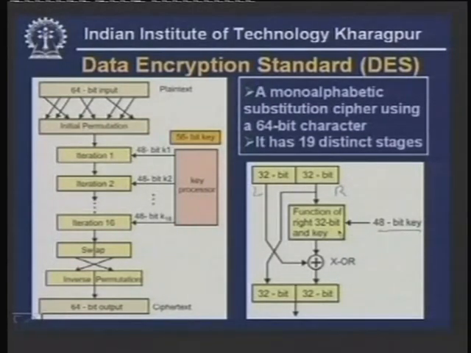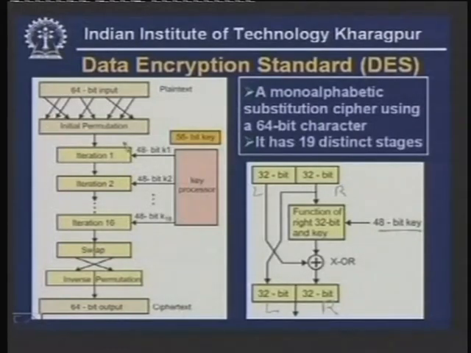The output is a function of this right 32-bit and the key, and this is exclusive ORed with the left 32-bit to get the new right 32-bit. So we get right 32-bit and left 32-bit, and this goes to the next iteration, and again the same operation is done, but with a different key.